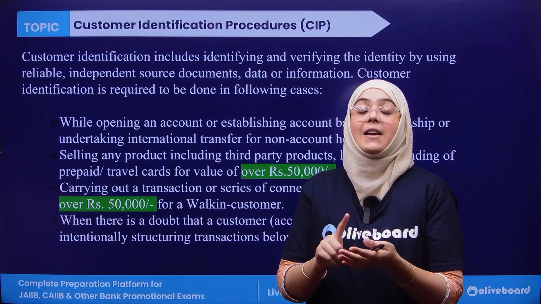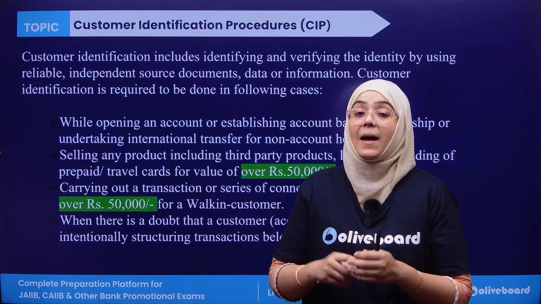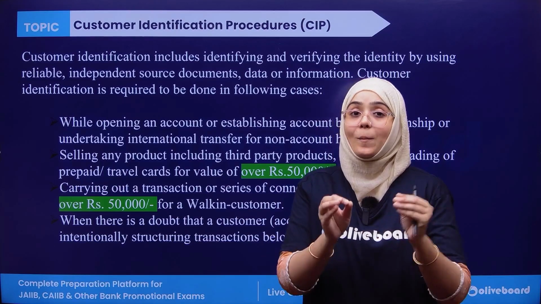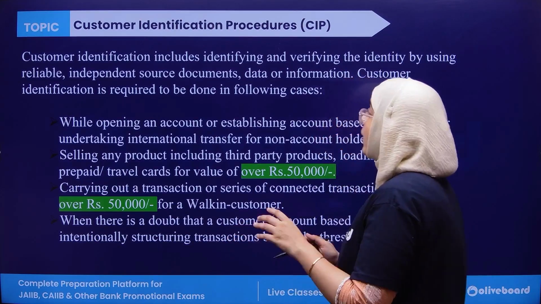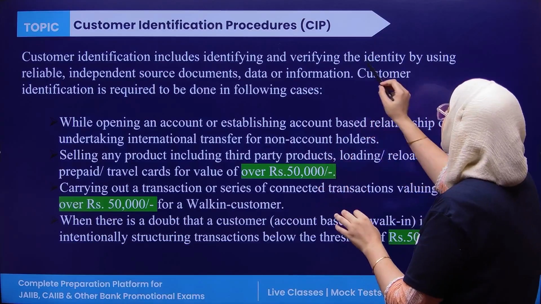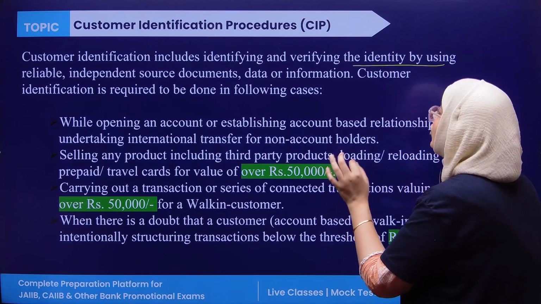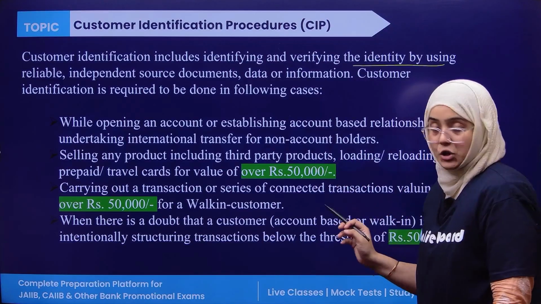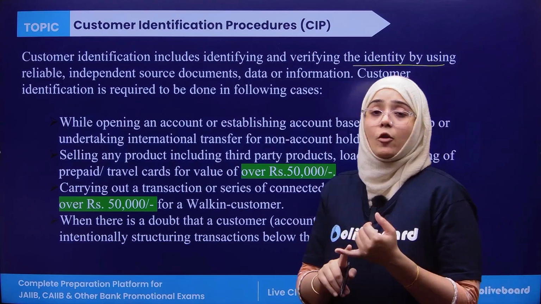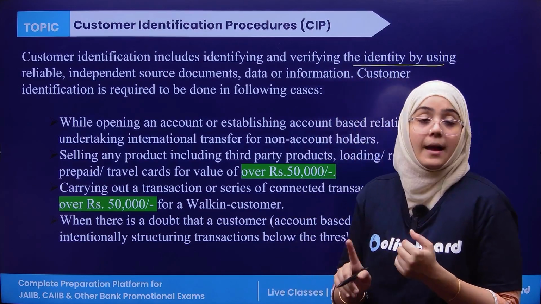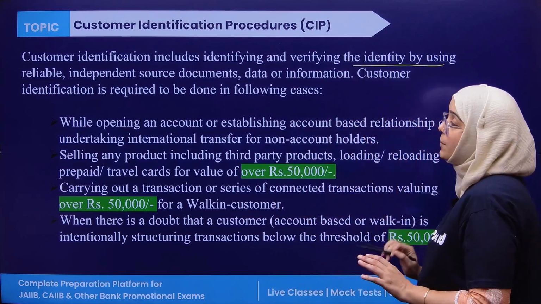And if you have an identification that is given by any third party, then obviously this also needs to be verified. Okay, so customer identification includes identifying by using reliable independent source documents, data or information. Whatever information you have provided should be verified and cross-checked by the bank. So this is the identification process.